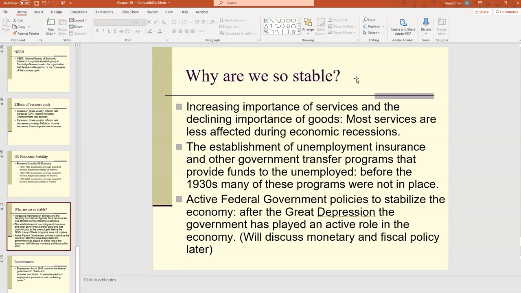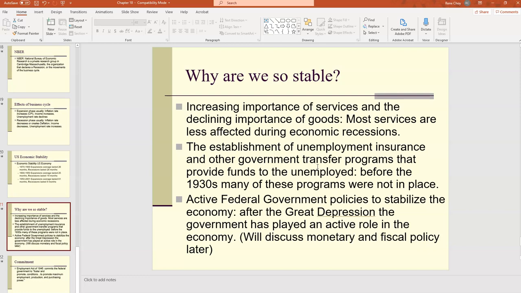Now, another thing that creates a more stable economy is unemployment insurance. The government transfers money directly into people's pockets very quickly, so it doesn't allow anyone who's unemployed to lose all of their income to zero.